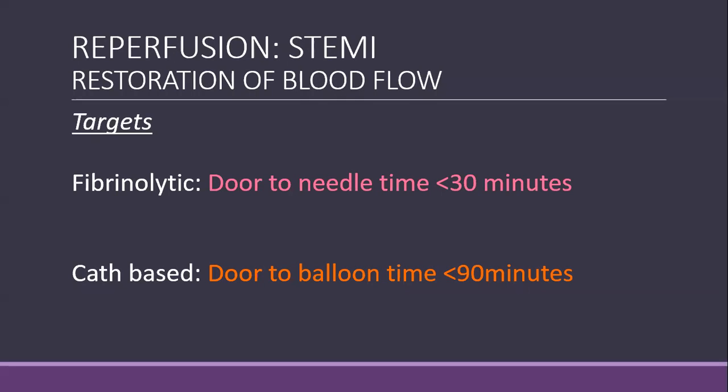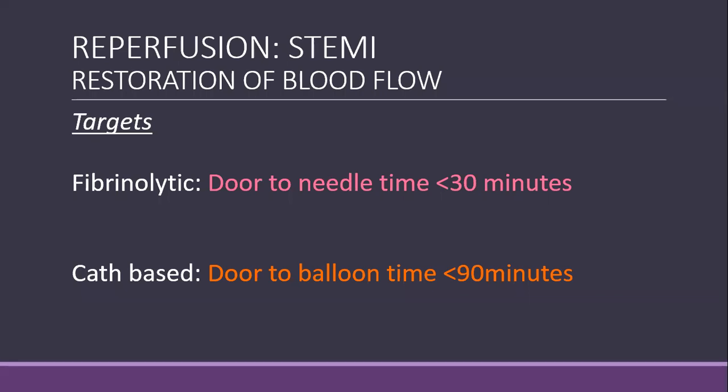less than 90 minutes. Because the activation of the cath lab team and its personnel, and shifting a patient from the emergency or coronary unit to the cath lab, takes some time. So the patient should reach the coronary cath lab, you insert the balloon catheter inside the coronary artery, and you inflate the balloon.